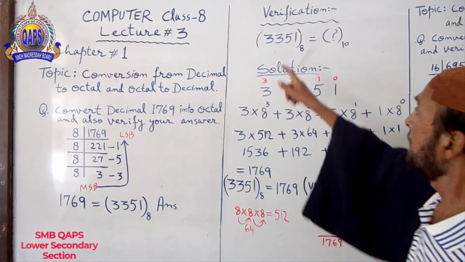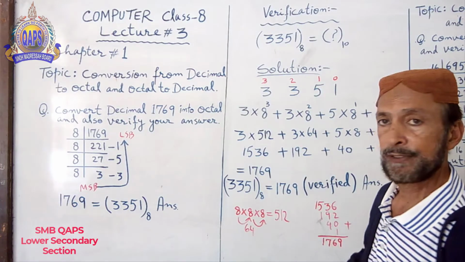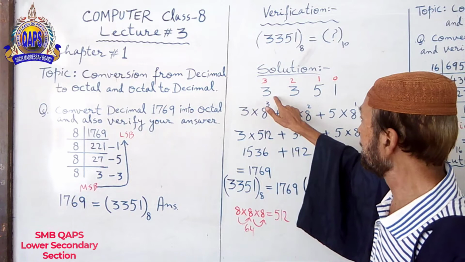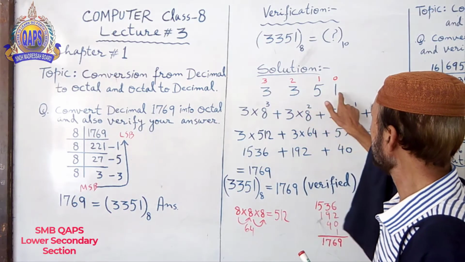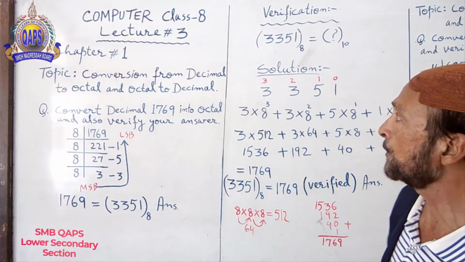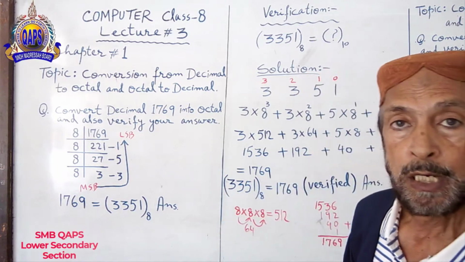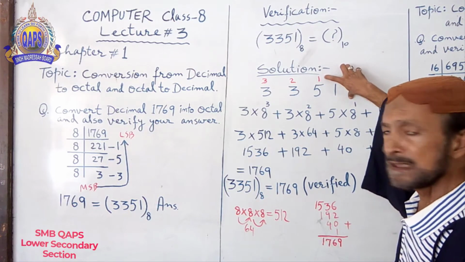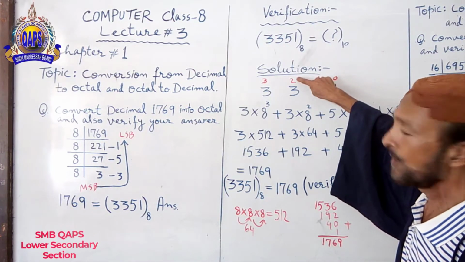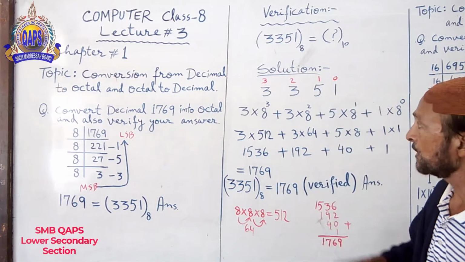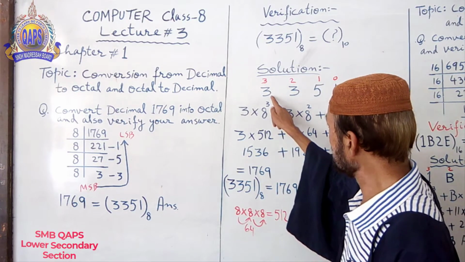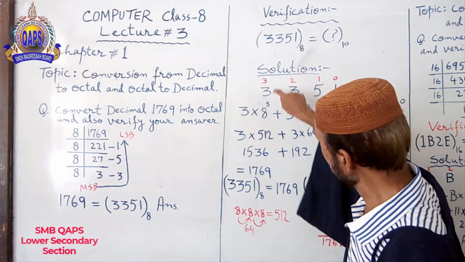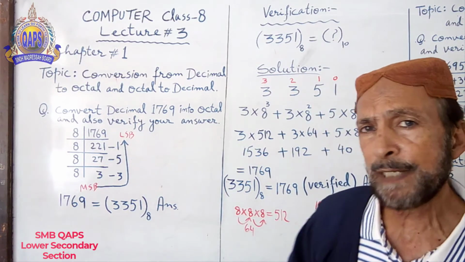Solution. Write this number over here. 3351. See over here. I told you in my lecture number 2. It's power 0, it's power 1, power 2, power 3. So first of all, this 3 multiplied by 8 raised to the power 3. Why multiply by 8?